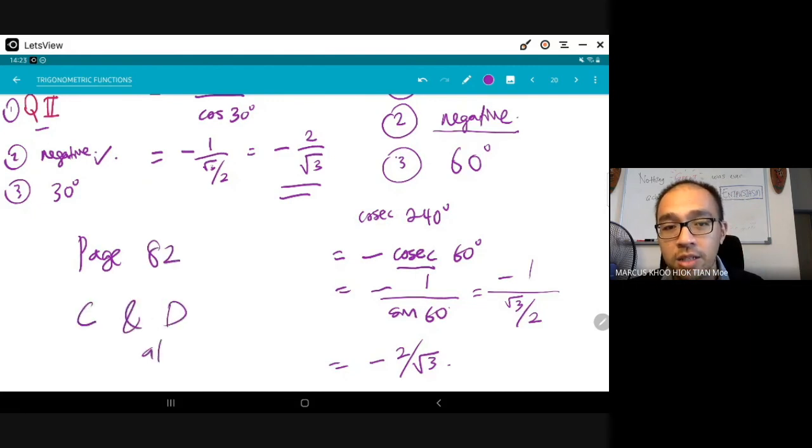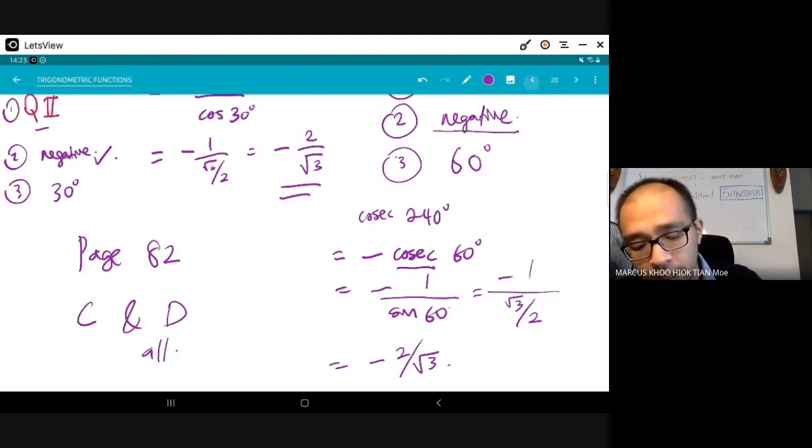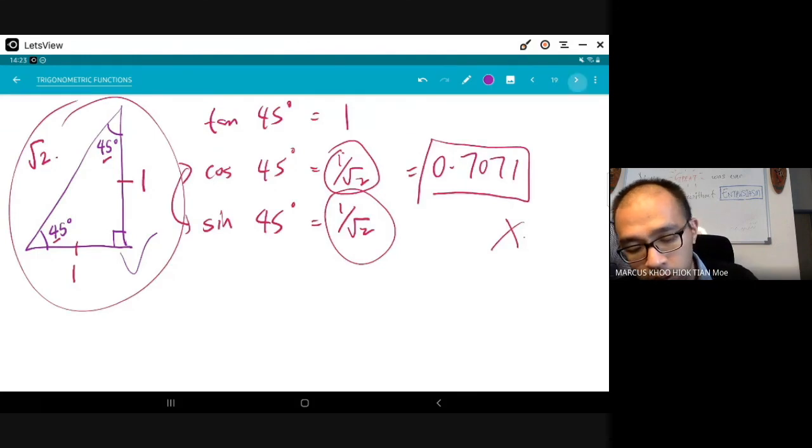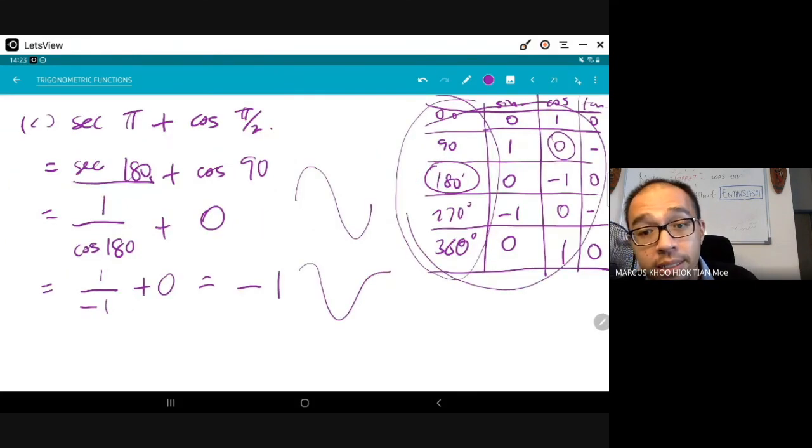So we need to memorize the special angles, sir? No, you don't need to memorize them. You should memorize the triangle. Memorize the triangle, and if you have already learned the sine and cos graphs, then you will know why this is the way it is.